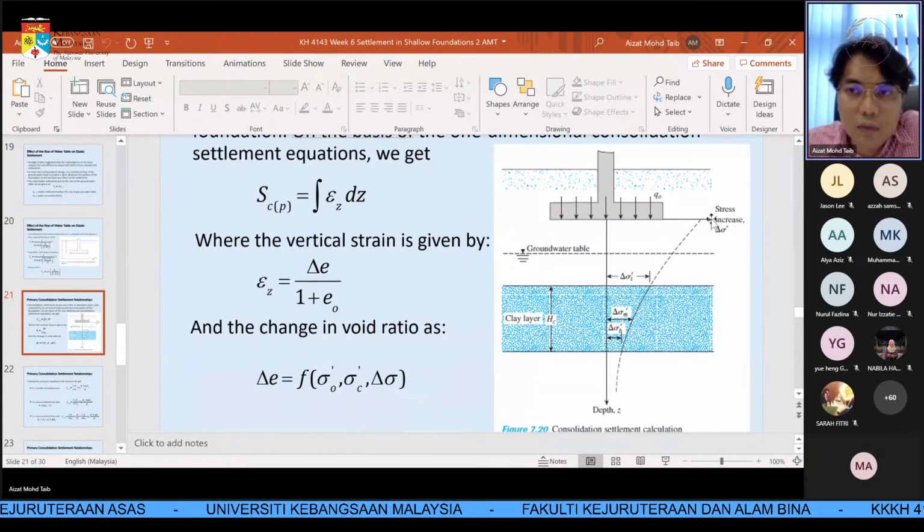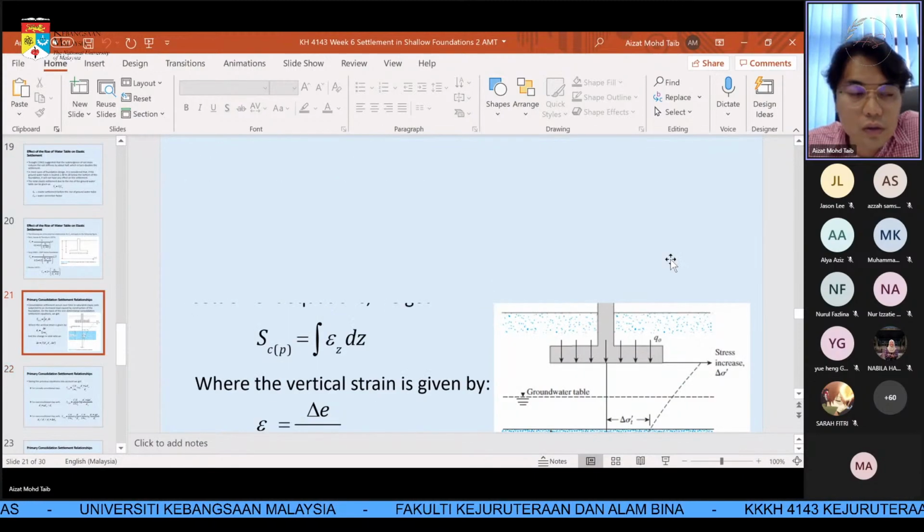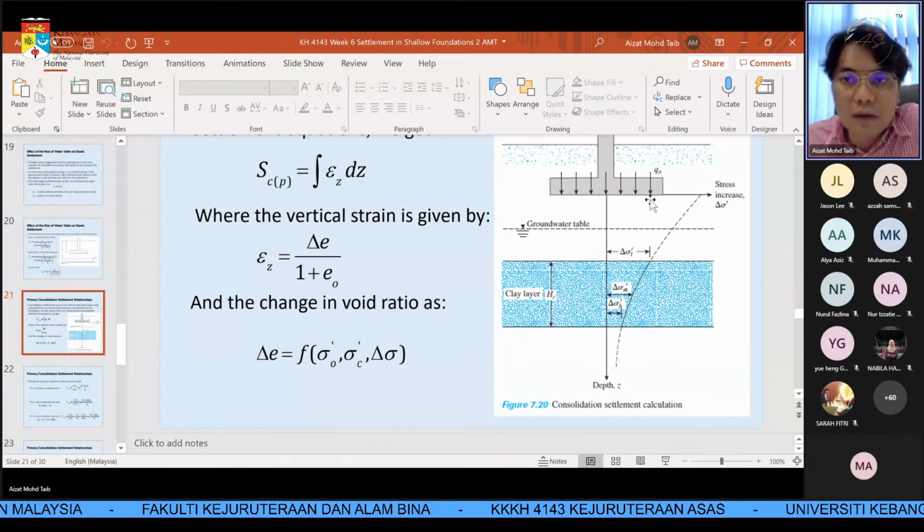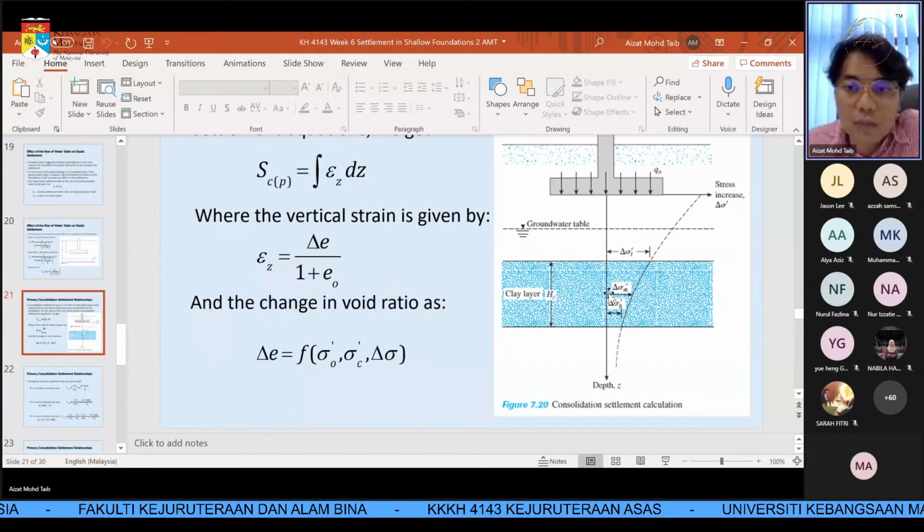Okay, and then the stress increase ni, so it goes lower lah with depth. Okay, masuk ke atas is higher compared to the lower part. Okay, sebab after all your footing pun jauh daripada bahagian tanah yang kat bawah.